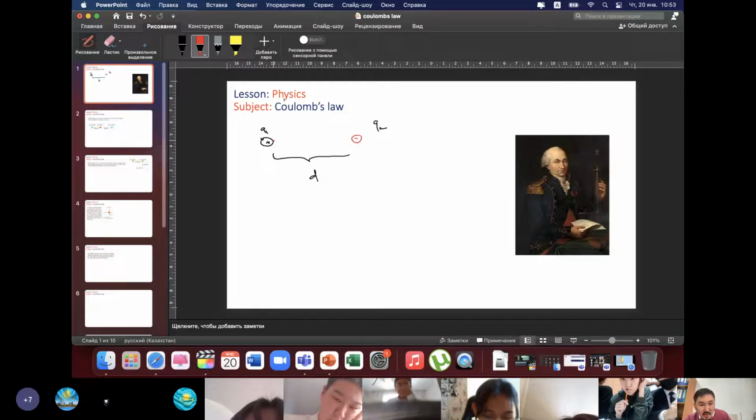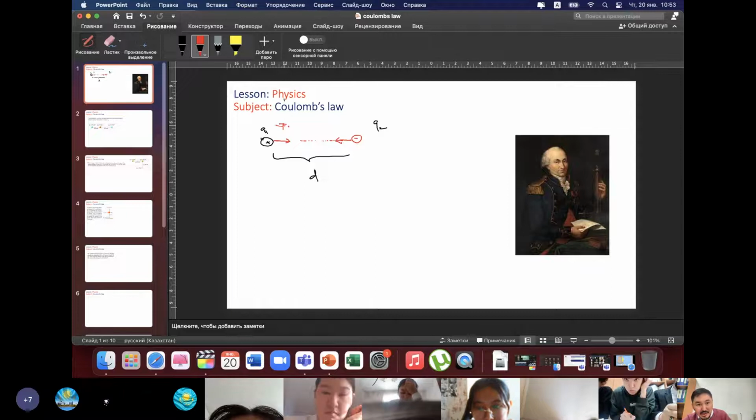Since they attract each other, if I connect these two charges with a line, the attraction force will be along this line, and they will attract each other with the same forces, by the way. I will denote it as F here, and here it's also F. So the magnitude of this F is the same for both of the charges.